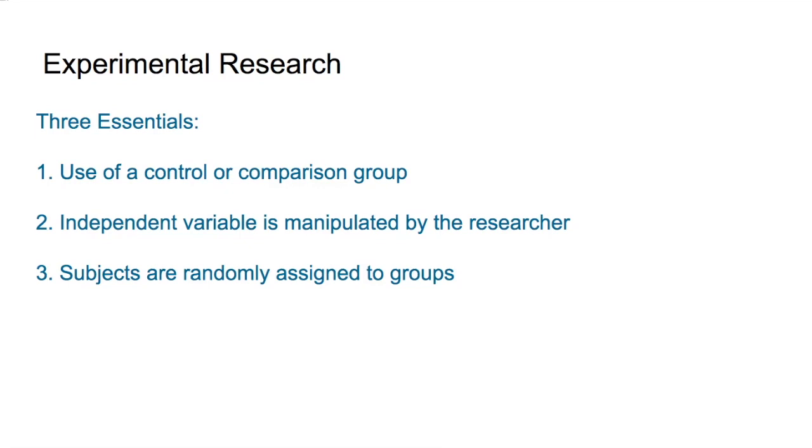We're going to go through in the next screencast what the difference between an independent and a dependent variable is. But an independent variable is what the researcher is manipulating to make that comparison. And usually, number three is that subjects are randomly assigned to groups. Again, not always.